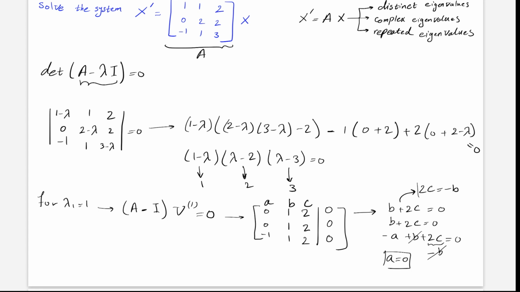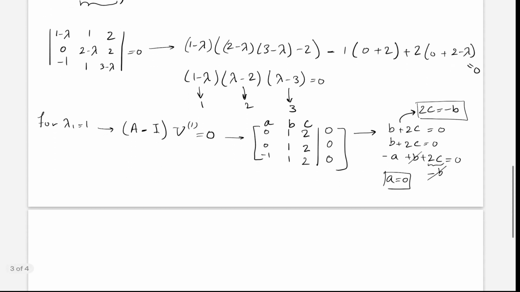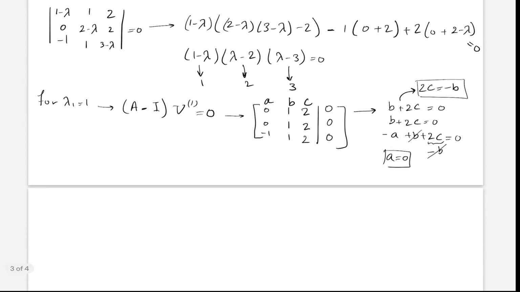So for our a, b, c vector, a is definitely 0, b is minus 2c, and c is itself. I wrote them all in terms of c.